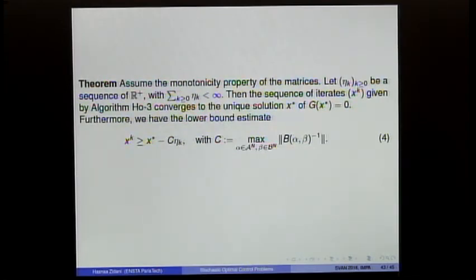So we know that xk is increasing, so xk is less than x star, but also we have this bound, so we have an error between xk and x star, but not for the policy again. So this is all about the convergence of this vector x, error estimates, everything, but not for the policy, apart from specific situations.